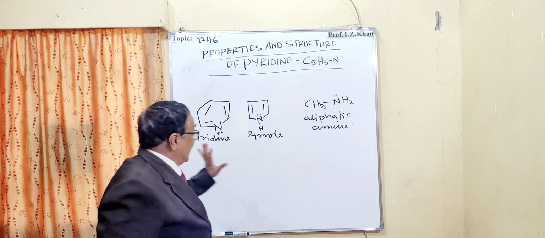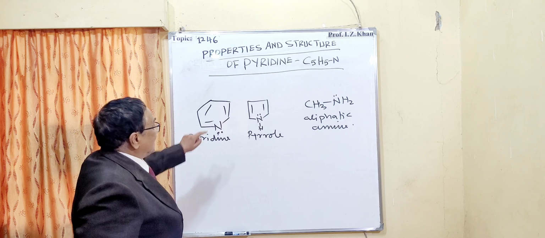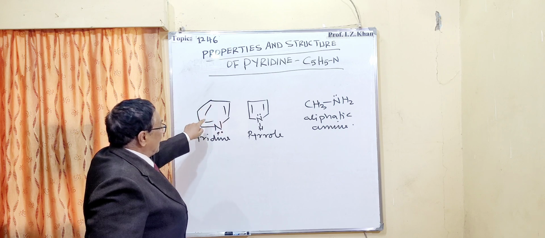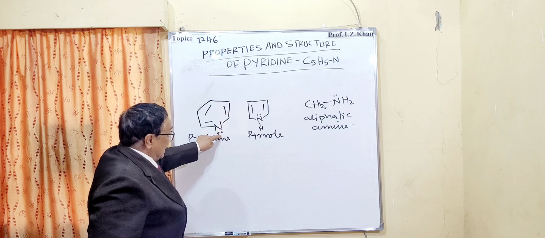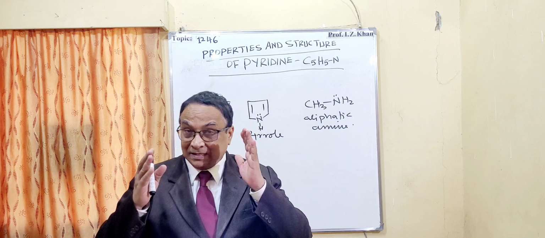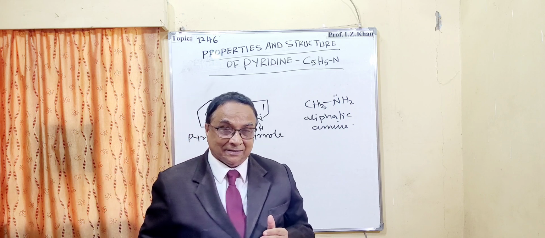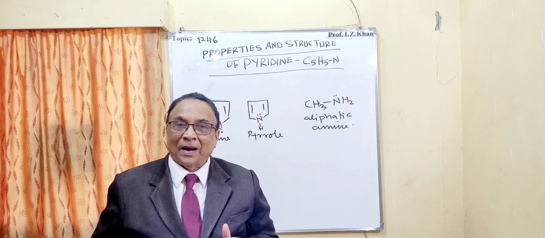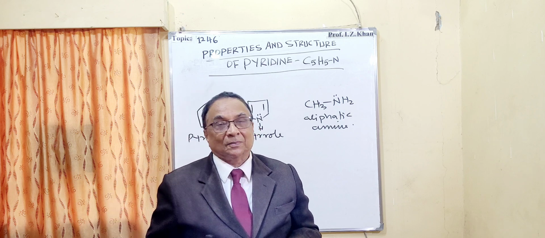The reason is that in the case of pyridine, it has 6 pi electrons delocalized, but the pair of electrons is not part of the delocalization. This is a very important factor. That's why pyridine is more basic as compared to pyrrole.